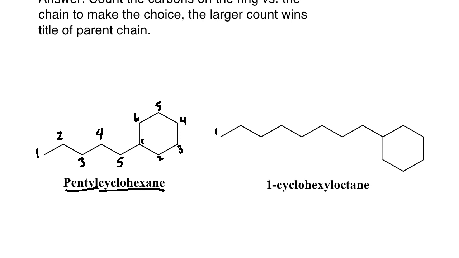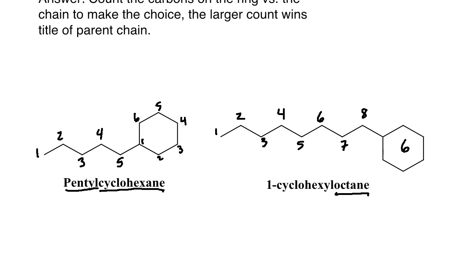So it's going to be 1, 2, 3, 4, 5, 6, 7, 8. And then we obviously have 6 associated with the cyclohexane again. So 8 is going to be greater than 6, and therefore the open chain format will now take precedence as the parent chain. And this is going to be an octane instead of a cyclohexane.